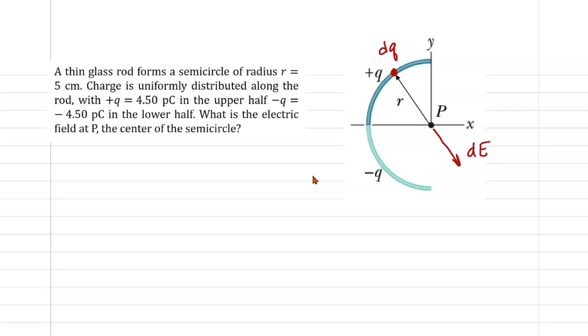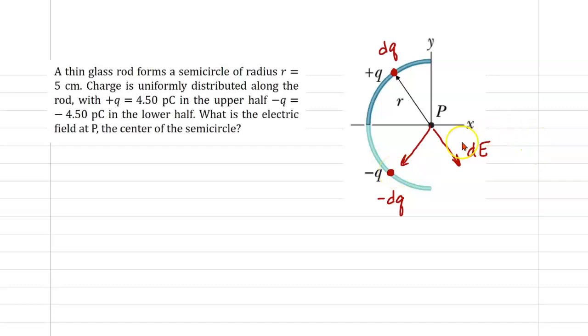Now a similar charge, but negative, exists down here. If you just do a mirror symmetry, it goes straight down to here, and that will be minus dq. The electric field due to this will be towards the charge, but the same magnitude. So in the end, you'll have two arrows that point like this.